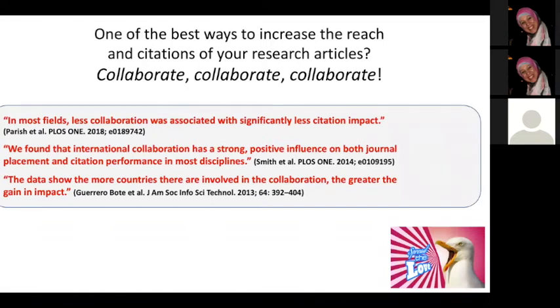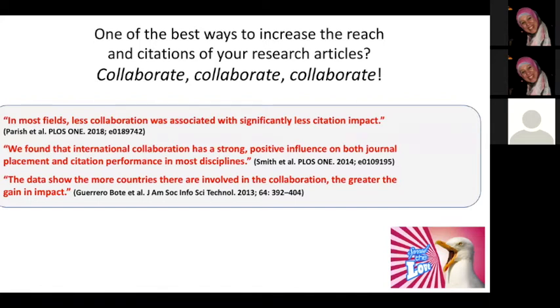Collaborate, collaborate, collaborate. Indeed, in most fields, less collaboration means less impact. So if you work on your own or just with your own research group, you're going to achieve significantly less citation impact. And that's a study that was published in PLOS One in 2018.